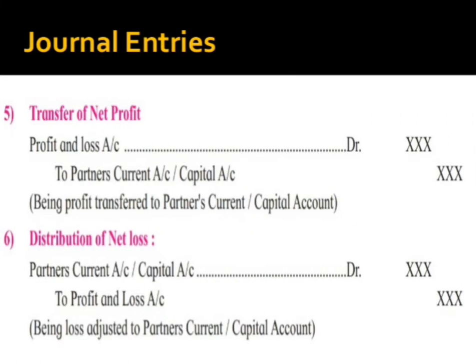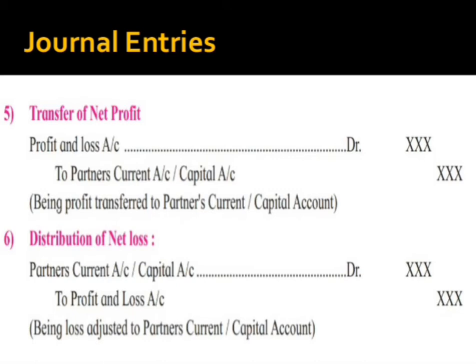Then transfer of net profit. Profit and loss account debit to partner's current account or capital account, being profit transferred to partner's current or capital account. Always remember, if there is a profit, then we debit profit and loss account and credit partner's current account.